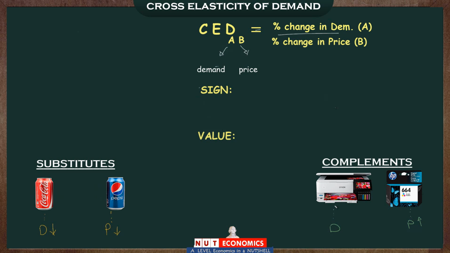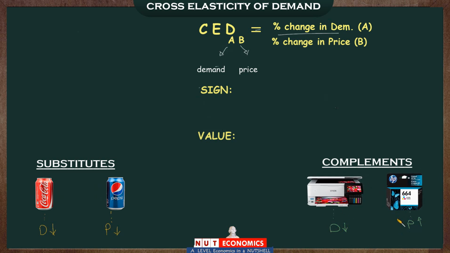The price of printers has not changed, but since ink is more expensive, it becomes more expensive to use and run that printer, and therefore some consumers will decide, okay, we are not going to buy a printer. So the demand of printers will fall. And that is the relationship we studied between complementary goods. The price of one good increases, the demand for the other complementary good falls.